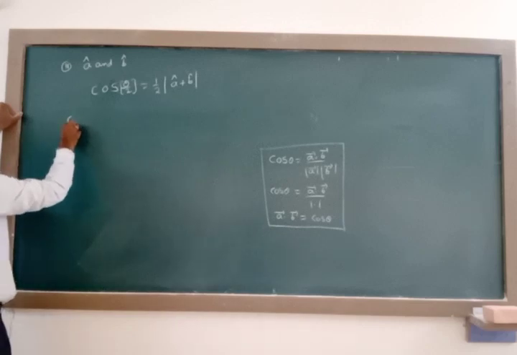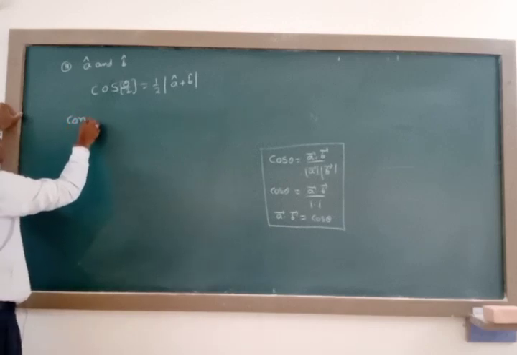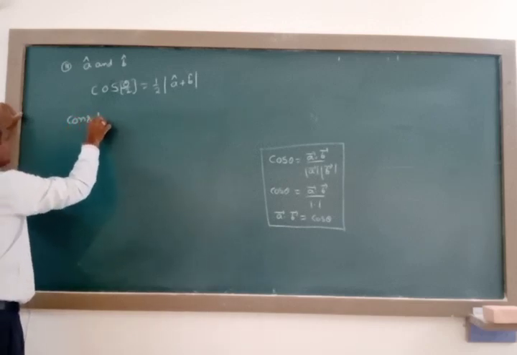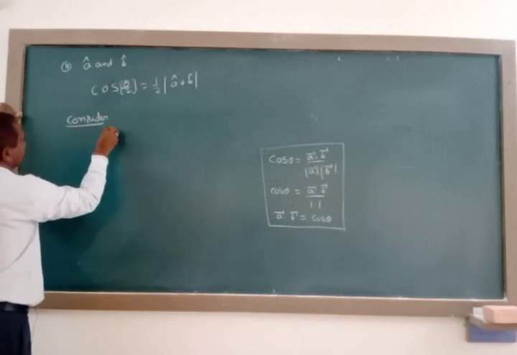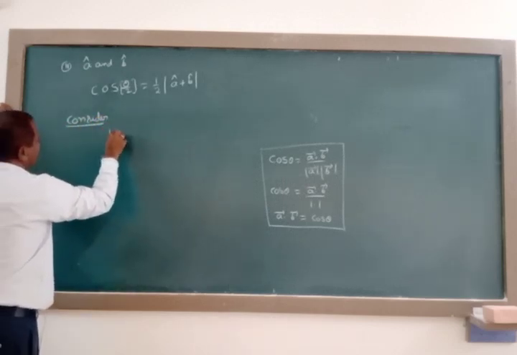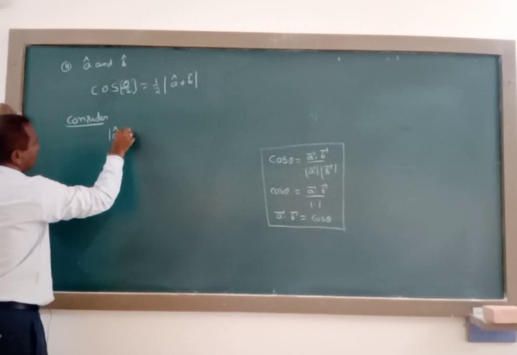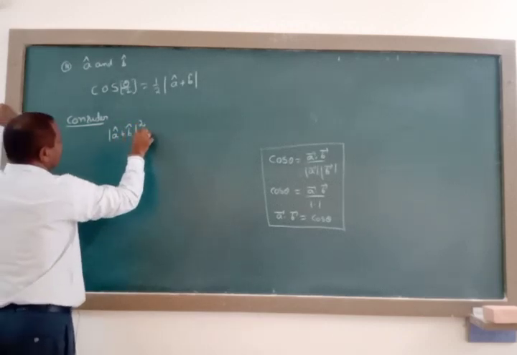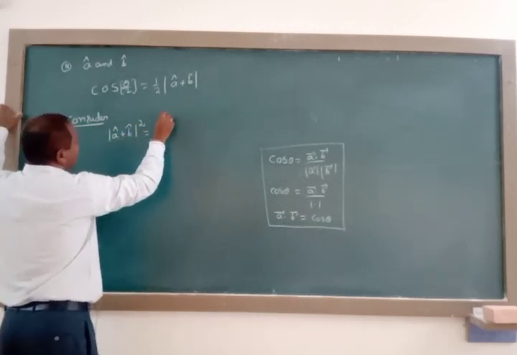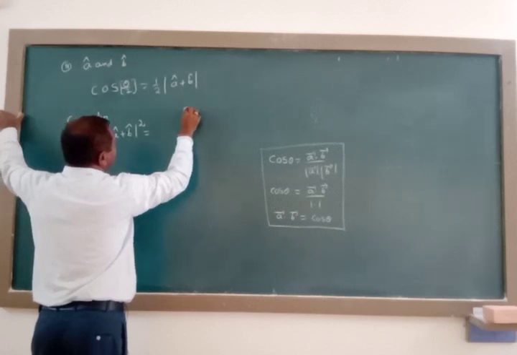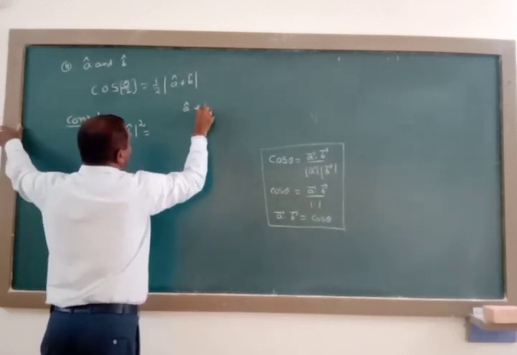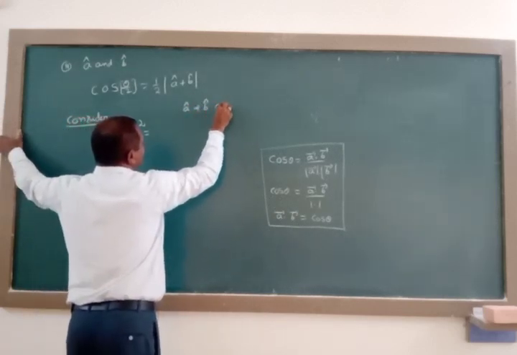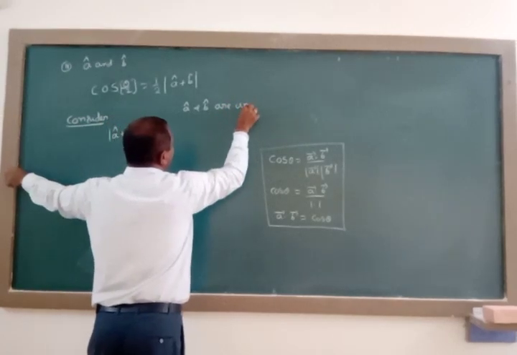Consider the magnitude of a cap plus b cap whole square. Before that, you should write here that a cap and b cap are unit vectors.